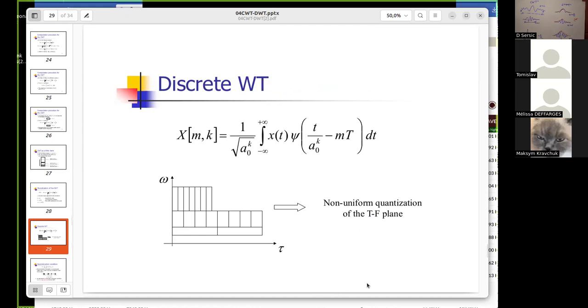Here is the result. The result is called discrete wavelet transform. Notice that the spectrum is discrete. m and k are integers, but actually the signal is still continuous, and our wavelet is also a continuous function. So t is from the set of real numbers. A non-uniform quantization of the TF plane is illustrated right here.